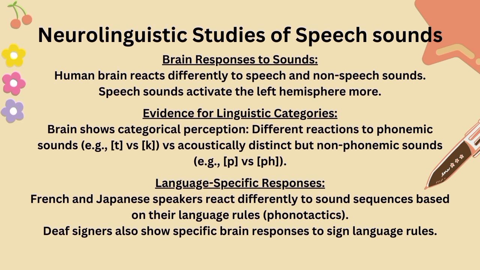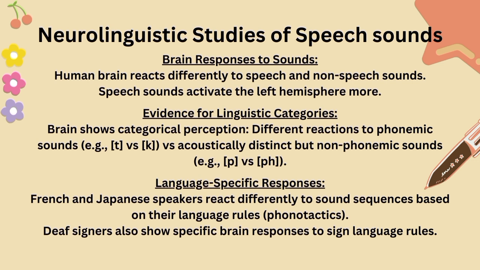Lastly, language-specific responses. French and Japanese speakers react differently to sound sequences based on their language rules, or phonotactics. Likewise, sign language signers also show specific brain responses to the rules of sign language. This means that the brain response depends on the rules of the language you speak.